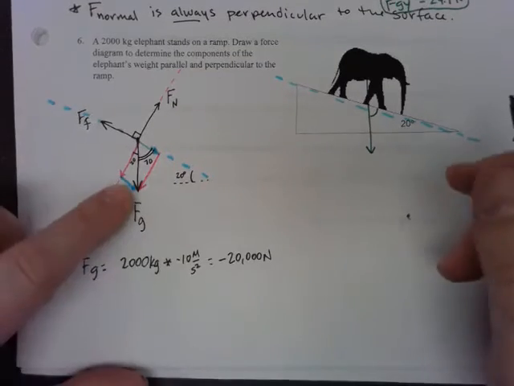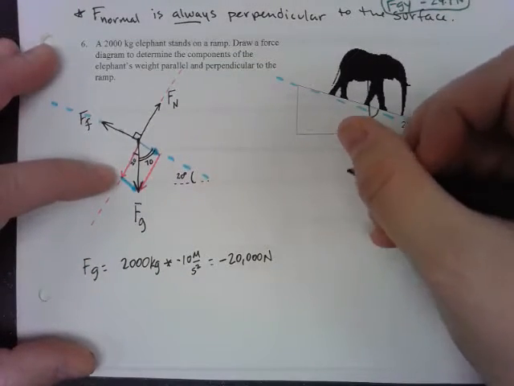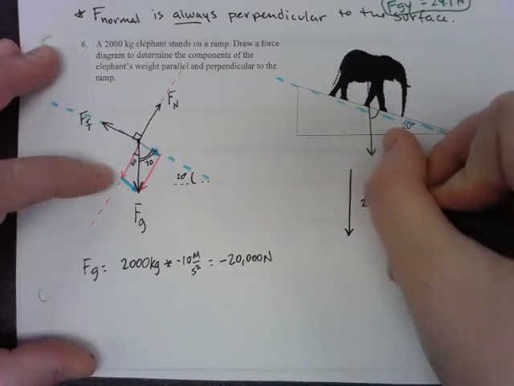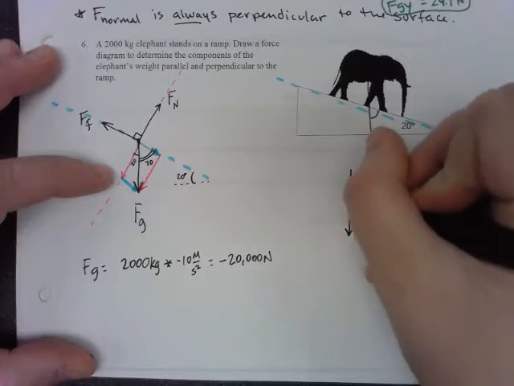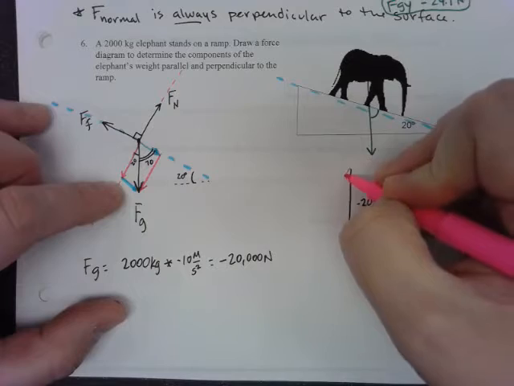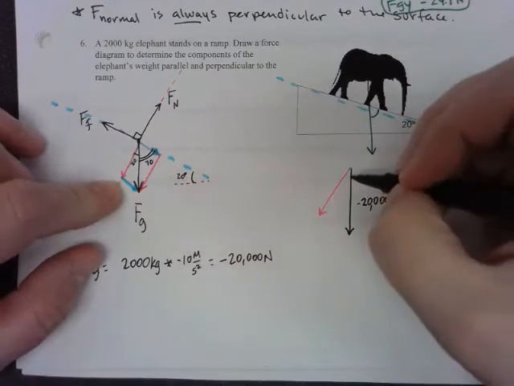Okay, I'm going to redraw my triangle because this is tiny. So if I redraw my force diagram triangle, I'm going to have 20,000 newtons and a 20-degree angle.